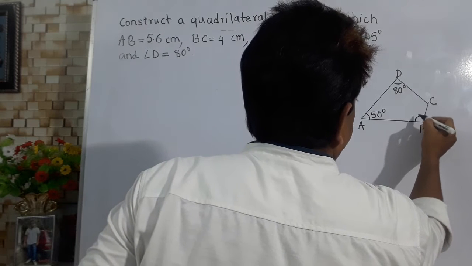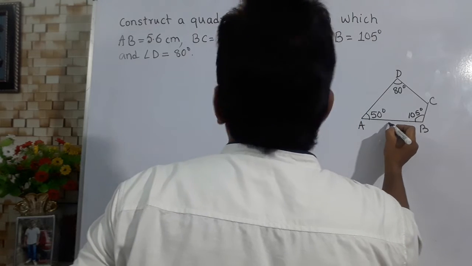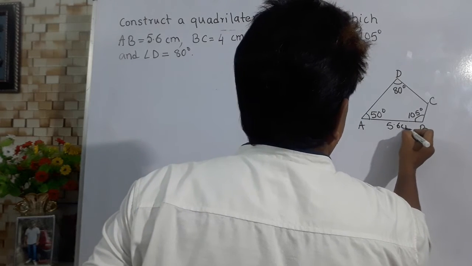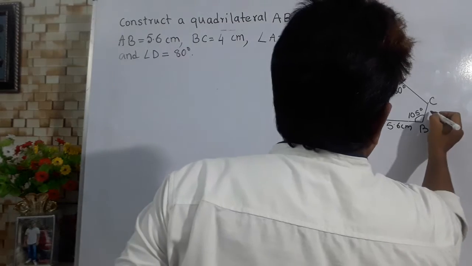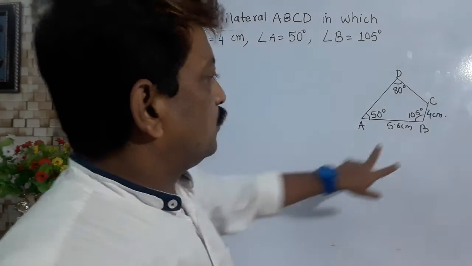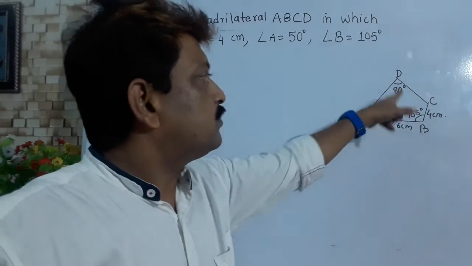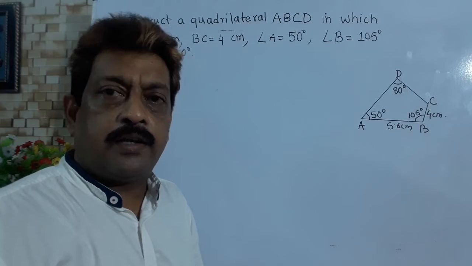Angle B is 105 degrees. AB is 5.6 centimeter. BC equals 4 centimeter. So, two adjacent sides and three angles of the quadrilateral are given.